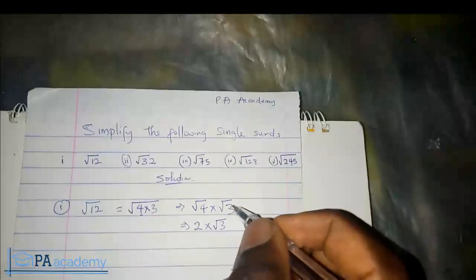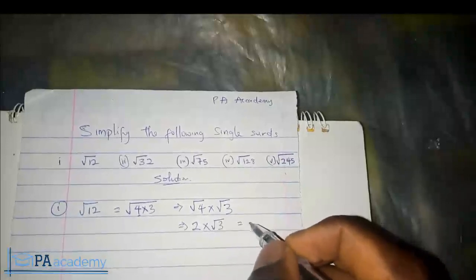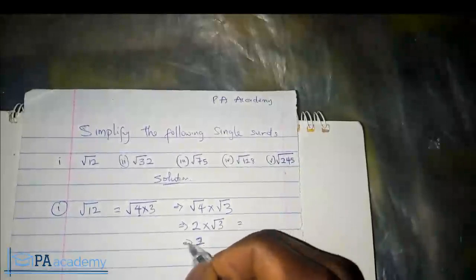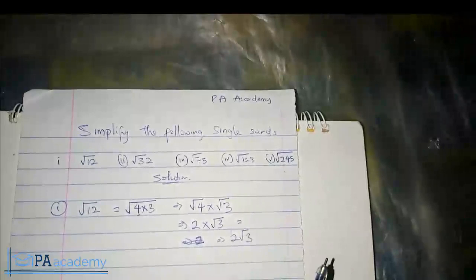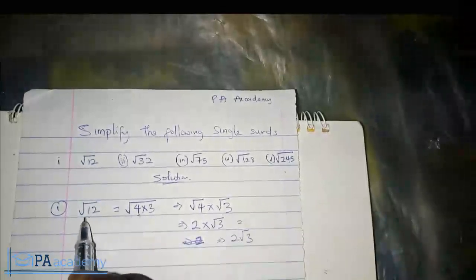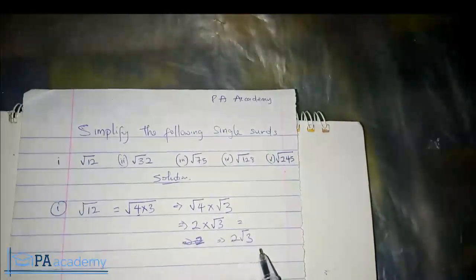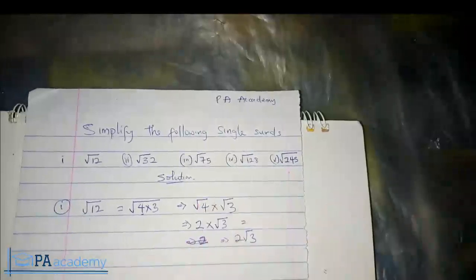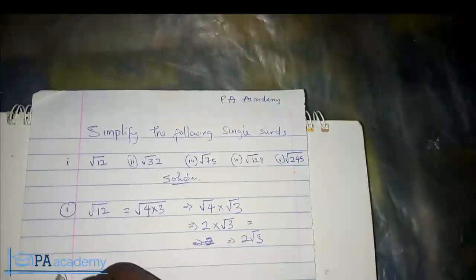Root 3 is an irrational number, so that will give us 2 root 3. That's the answer for example 1. If you simplify the square root of 12, you have 2 root 3. It's important you know this, because in the next video we are going to be applying some of this to solve more questions.